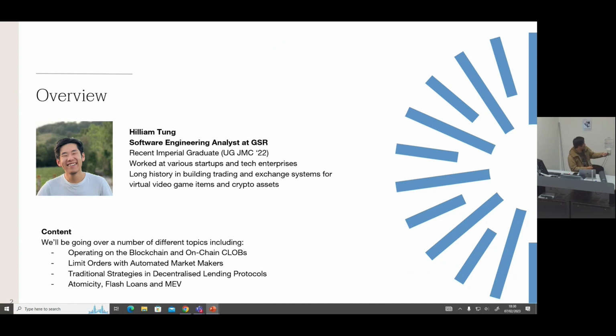And finally, I'll be speaking about some of the really cool things about the blockchain in terms of atomicity, being able to have atomic transactions where you execute all the trades, bam, bam, bam, and essentially profit from that with minimal risk. I'll be speaking about flash loans and dipping a bit into MEV and the cool stuff about that.